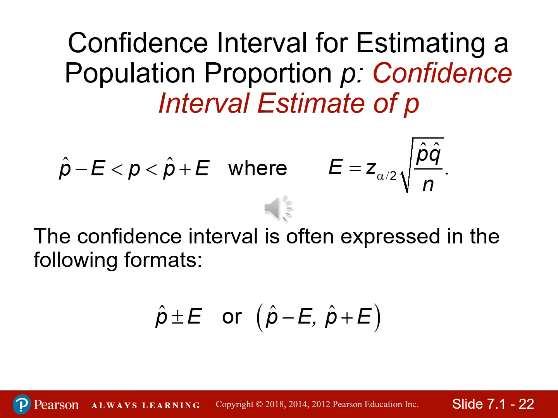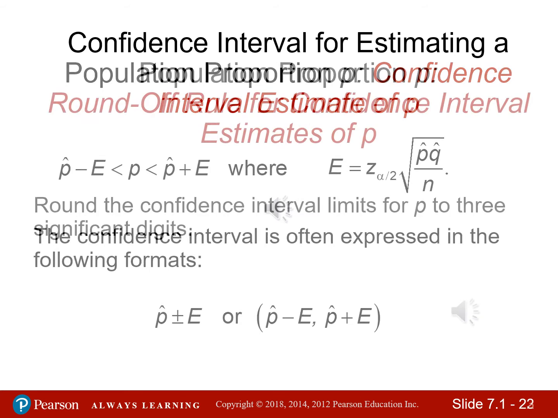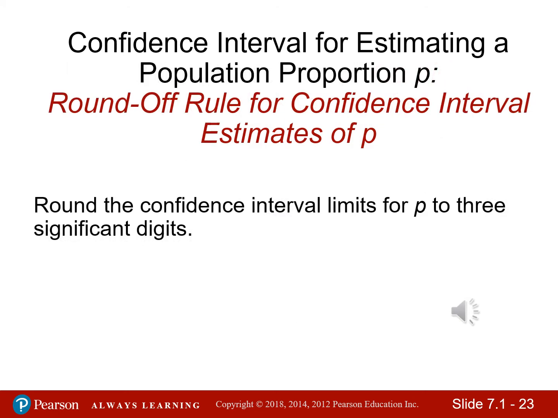It can be P hat plus or minus the margin of error, or it could be P hat minus the margin of error, comma, P hat plus the margin of error. The rounding rule is to round the confidence interval limits for P to 3 significant digits.